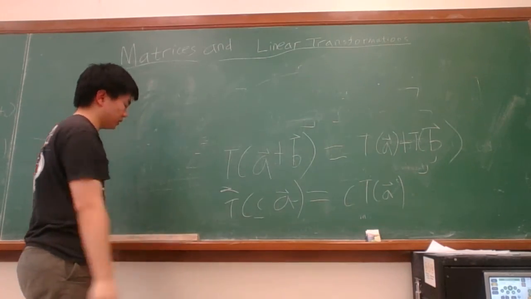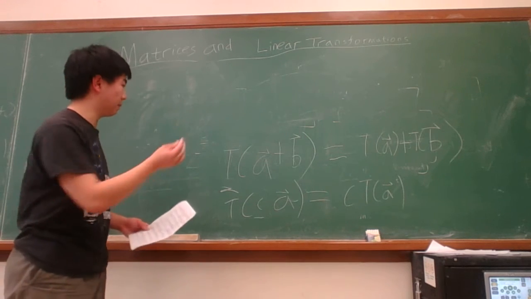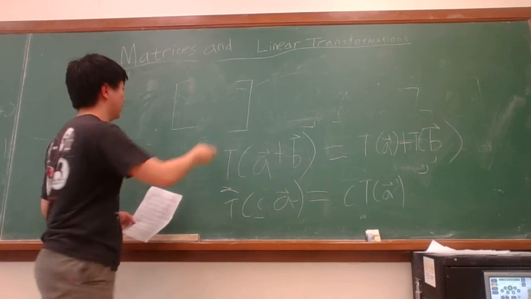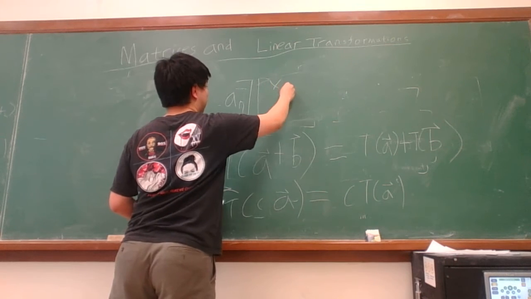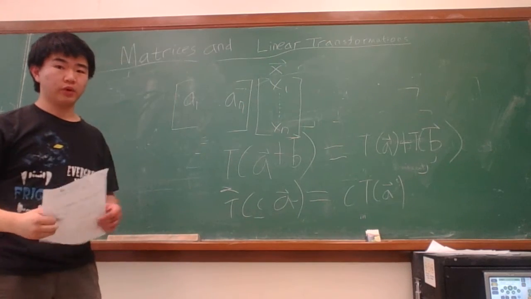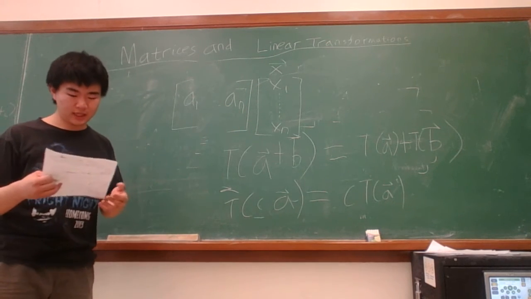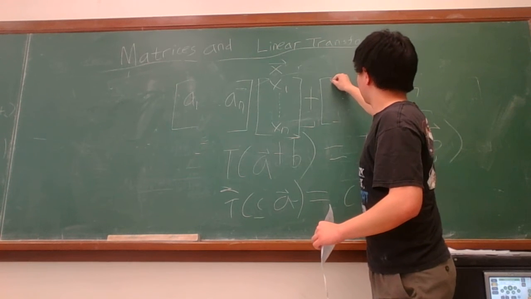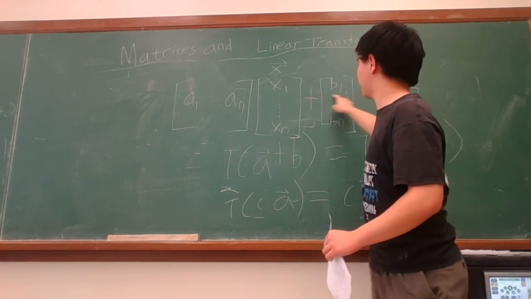Well, it is clear why it is linear because, let's take some matrix, right, and it has columns A1 through AN, and then we multiply it on some vector x, and we're going to just take the linear combination of these columns. And we can see that if I had another vector like b, when you add vectors, they add linearly.